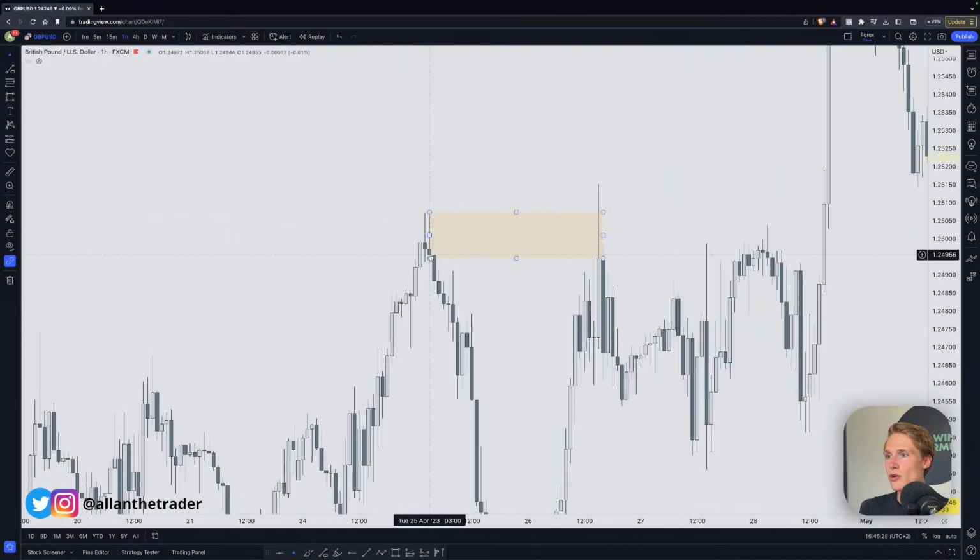If you take this as your first candle, this is the third candle, there's an imbalance here. And that's why the market responded so well to this price point. If there had not been an imbalance, it wouldn't have done this.